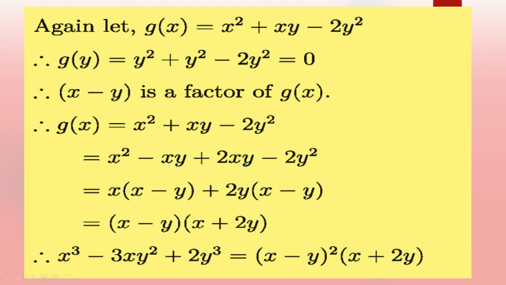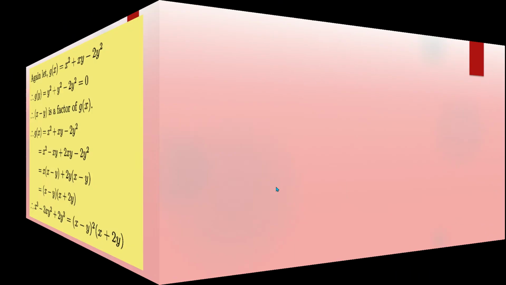And for matching plus 2xy, we have to take here 2y. 2y into x minus y means 2xy minus 2y square. Now this equals x minus y into x plus 2y. Therefore this equals x minus y whole square into x plus 2y. This is the required answer. Clear, student? Okay.